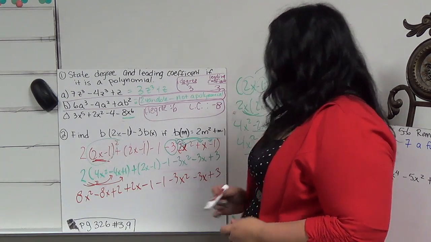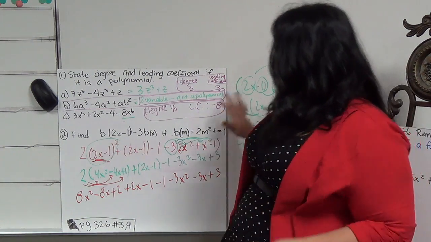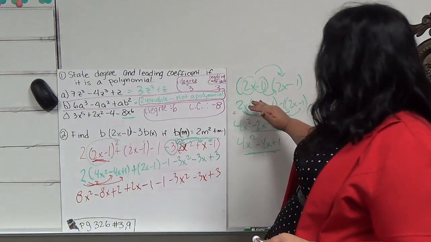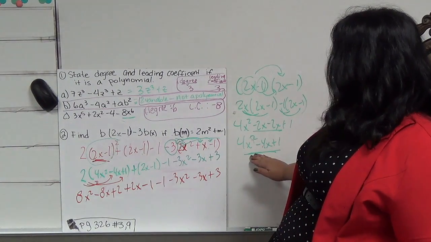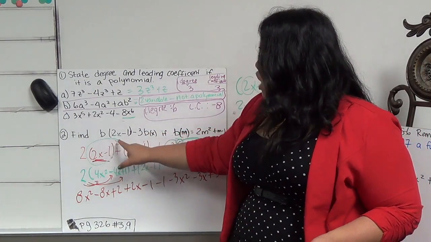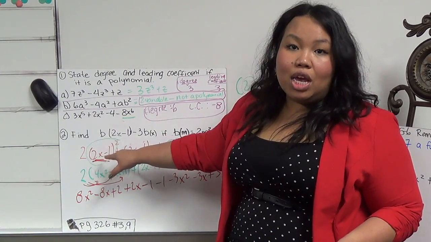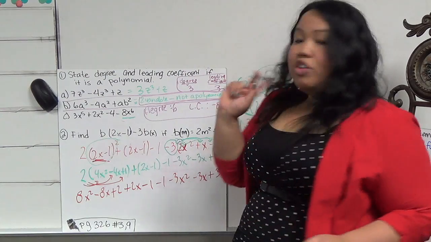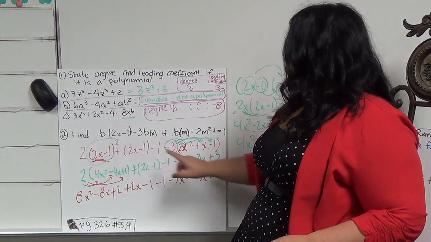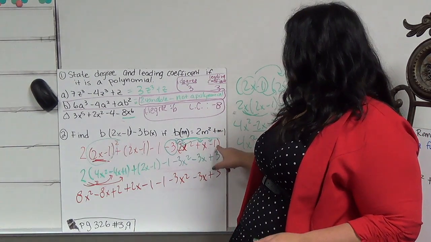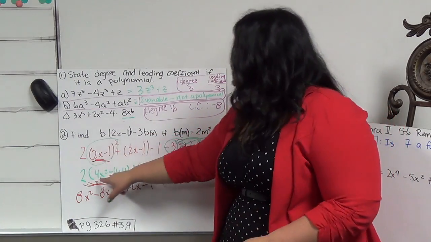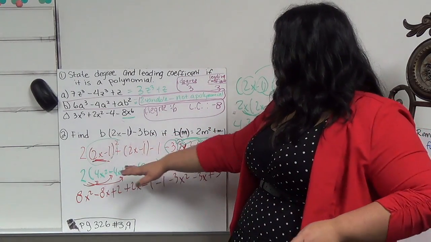So this might be overwhelming, but I took it step by step. First I took this, and I found what this squared is, because remember, I can't just distribute the 2 because there's a plus or minus, right? I can only do that if it's just one monomial. And then I distributed this, and then I took the 2 and distributed it from this whole thing. And then that's what brought me here.